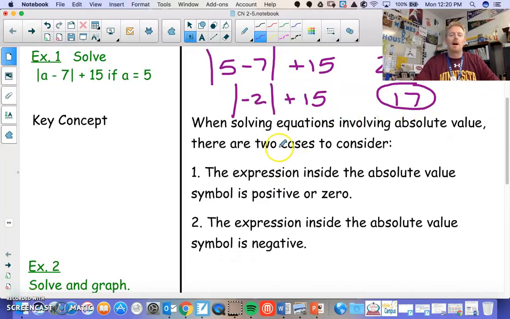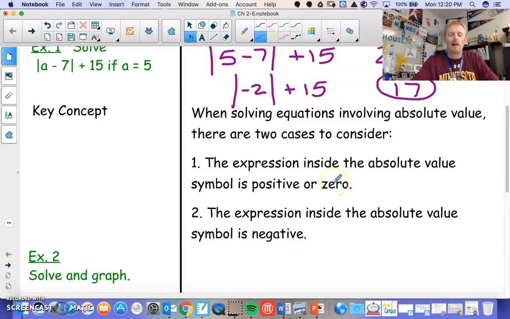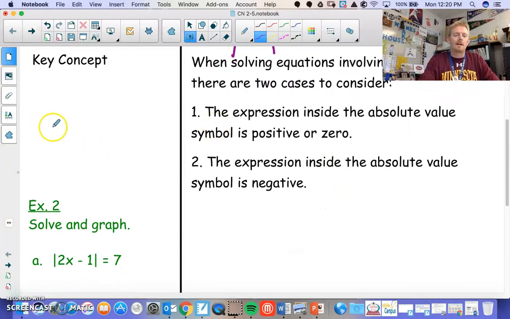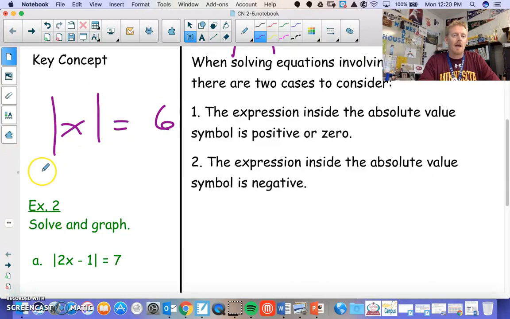When we're solving equations with absolute values, there are two cases to consider. There's the positive and the negative. So if you think about it, if I were to have a variable of x in here equal to 6, x could have been equal to a -6 or a +6 for this to still work out.